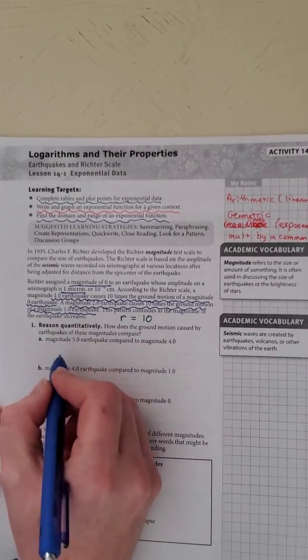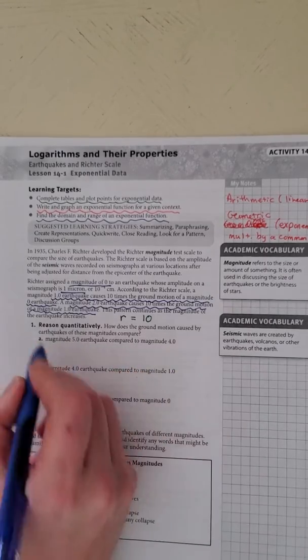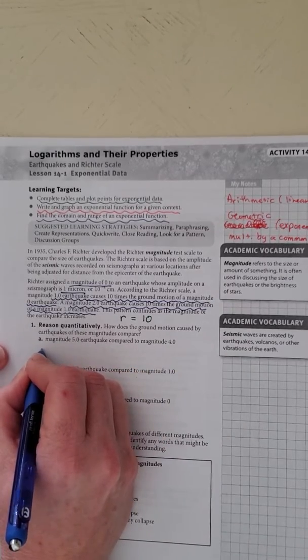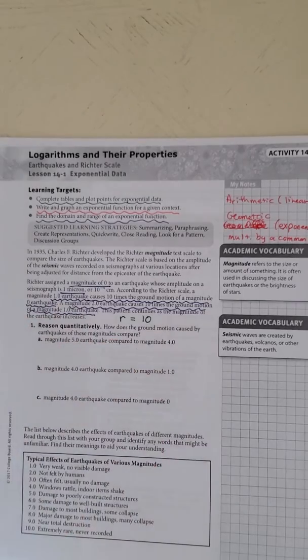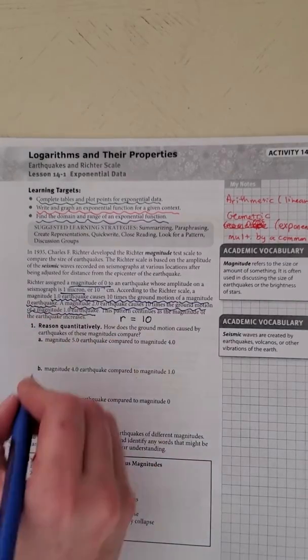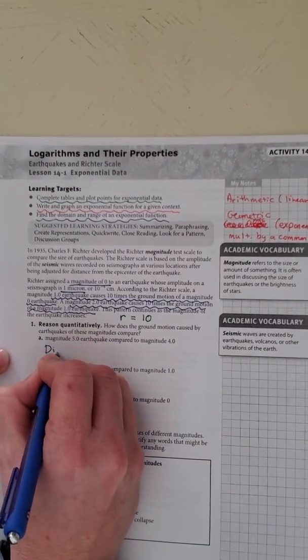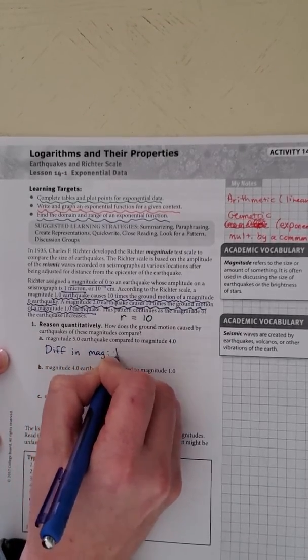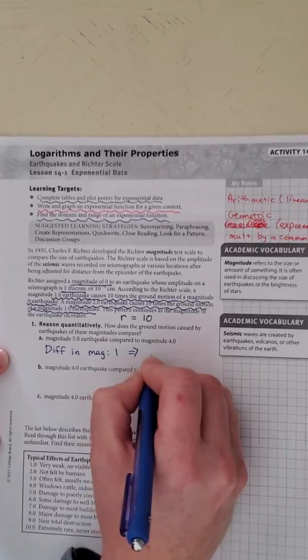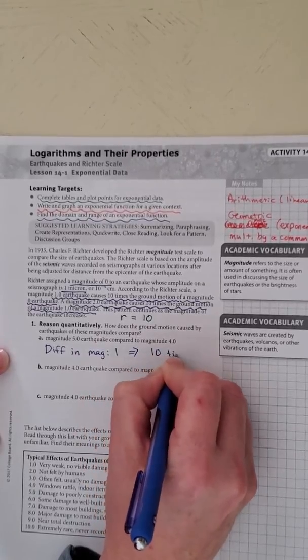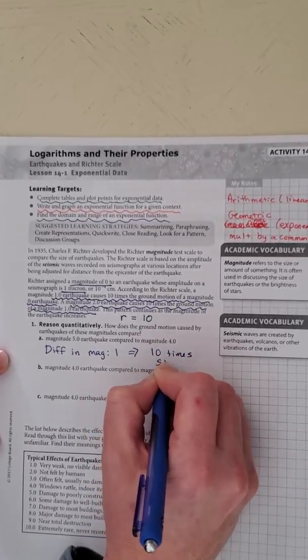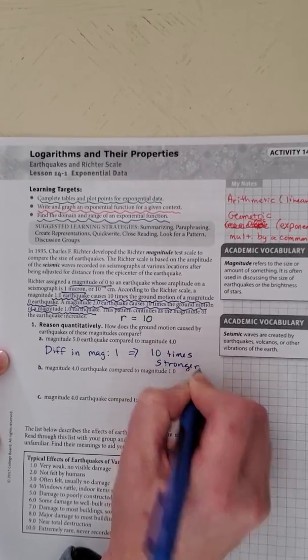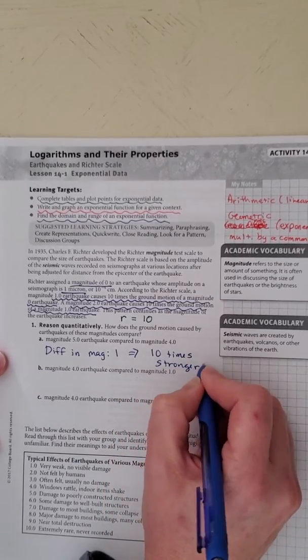All right, so a magnitude 5 compared to magnitude 4, there's one difference in magnitude. So the difference in magnitude is 1. So that implies that it is 10 times stronger, or the ground motion is 10 times larger.